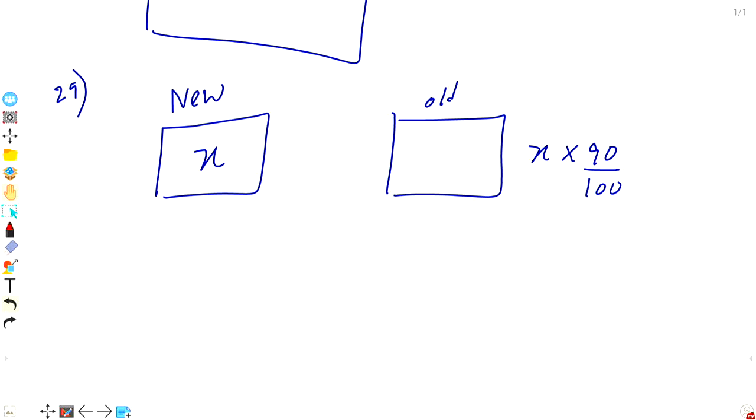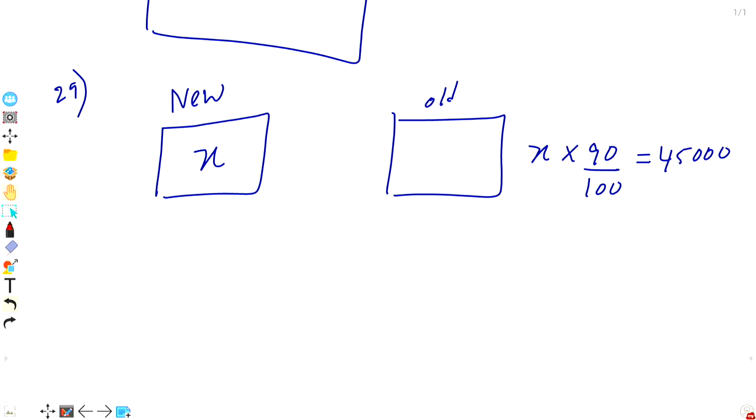10% less than, right? So if the new car is X, the old car is X times 90%, since 10% less than means 90%. Now, this is your old car, if the car in the advertisement is that, so this is 45,000.